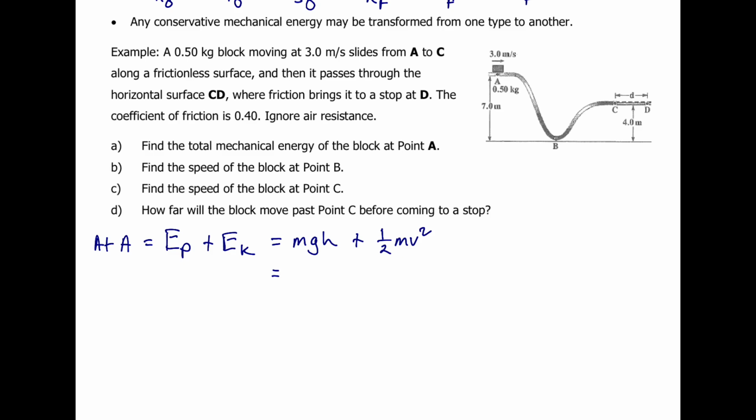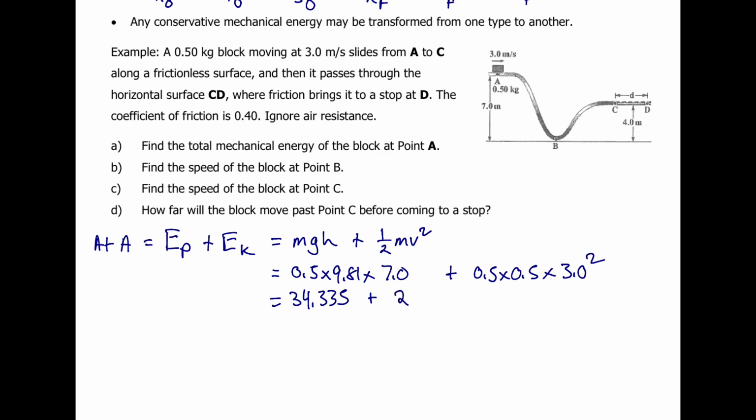Mass, 0.5. 0.5 times 9.81 times the height, in this case we'll call 7. And then we're going to add the other one, 0.5 times 0.5 times 3.0 squared. We'll get some numbers out of this. I haven't done this ahead of time, so I've got to get my calculator out. 0.5 times 9.81 times 7 is 34.335, plus 0.5 times 0.5 times 3 squared.